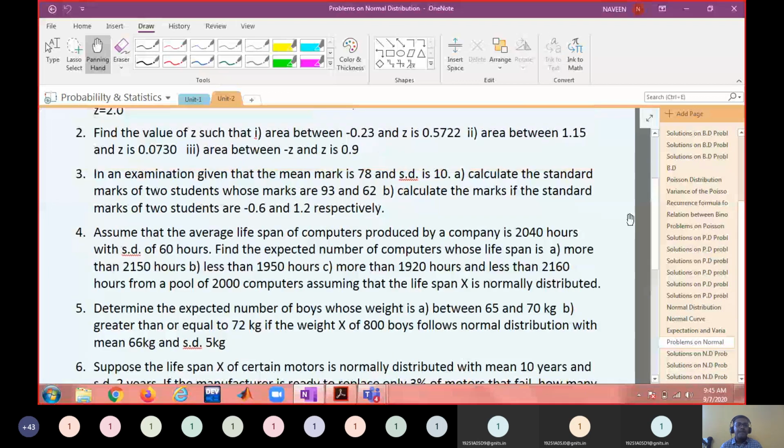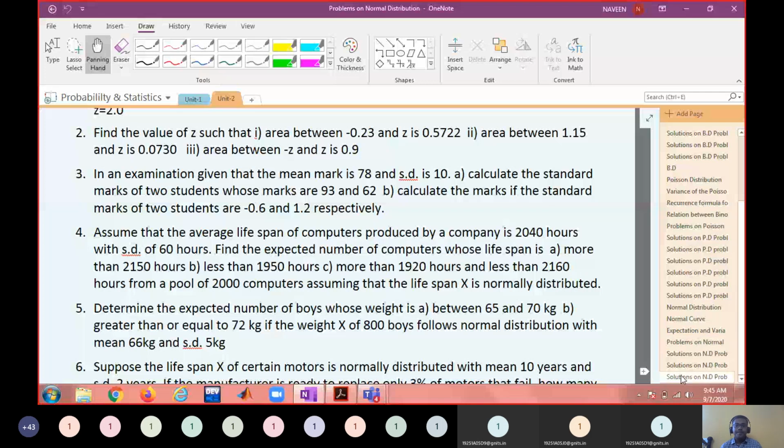Anything else is given? Next, what is the next one? Calculate the marks if the standard marks of the two students are minus 0.6 and 1.2. Previously marks were given and we were asked to find out the standard marks. Now standard marks are given, you are asked to find out the marks.